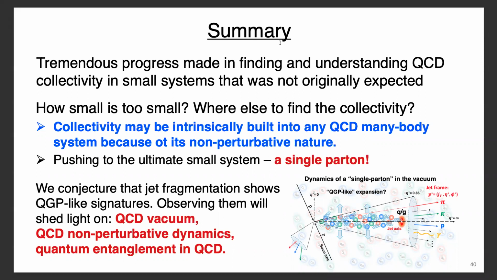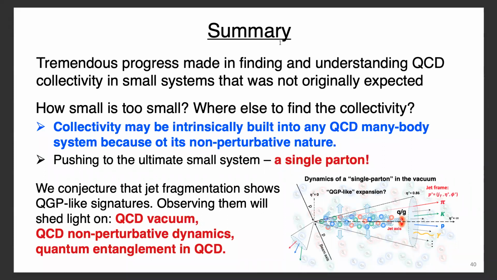So is the takeaway message that if you have enough multiplicity and interactions, anything will have flow? Yes, exactly. I think this is probably a better summary than what I put here. So what do you need to create the flow, right? It may not matter what you are colliding.